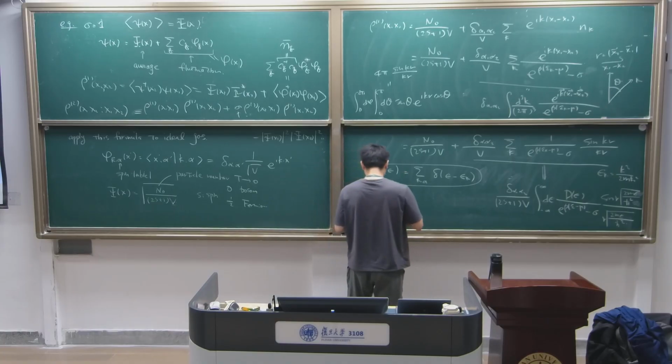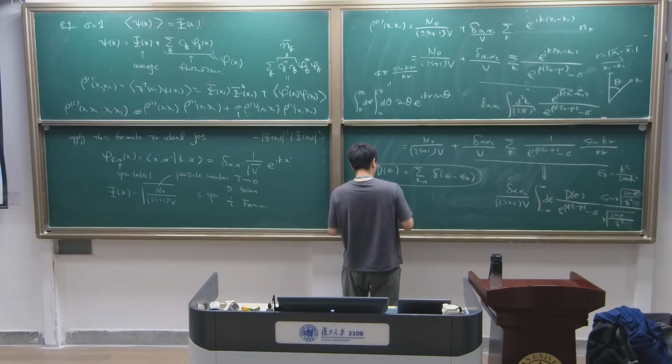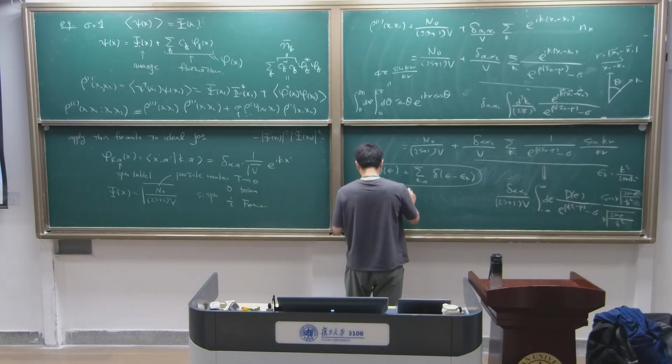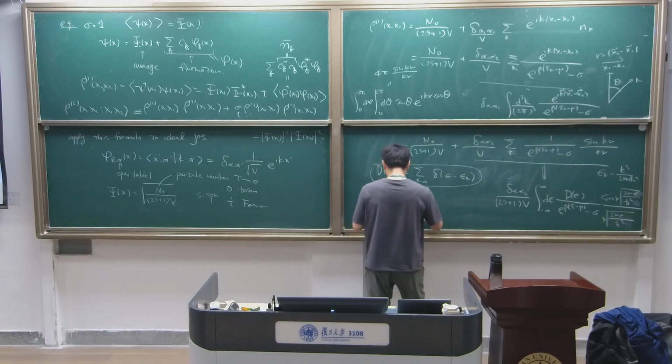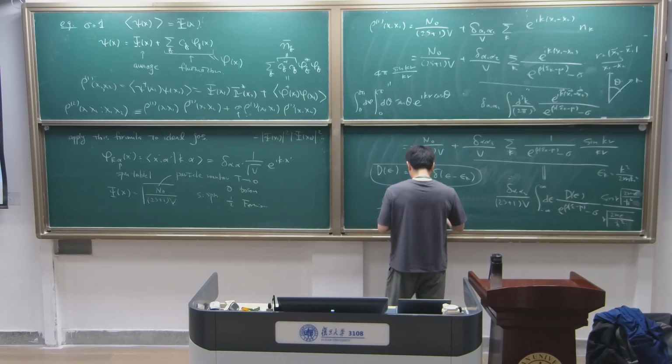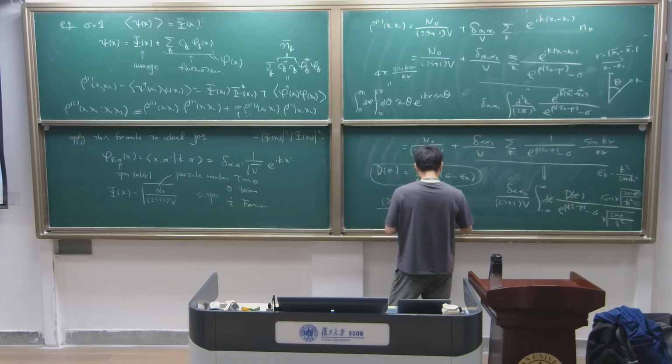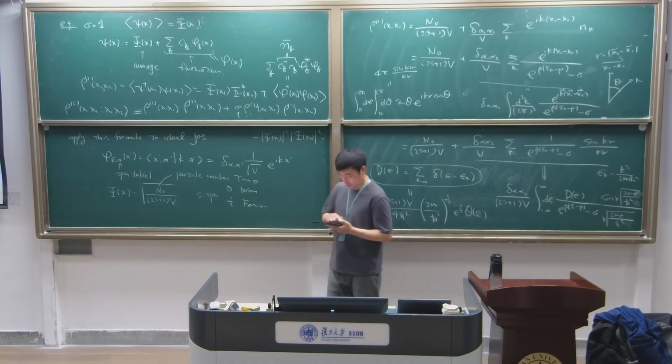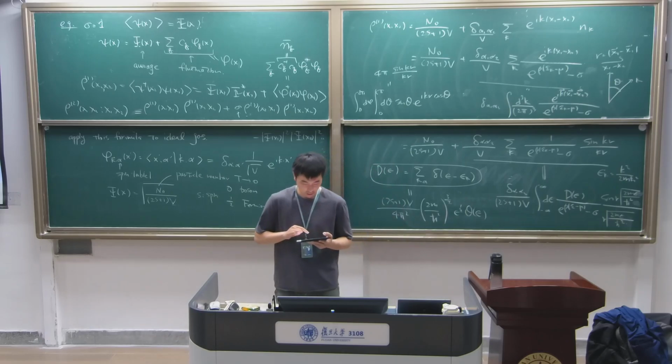And then we know that the density operator can have the following expression. So this is roughly 2s plus 1 e divided by 4 pi squared and m over h squared divided by c half. And so that's what we derived last time.